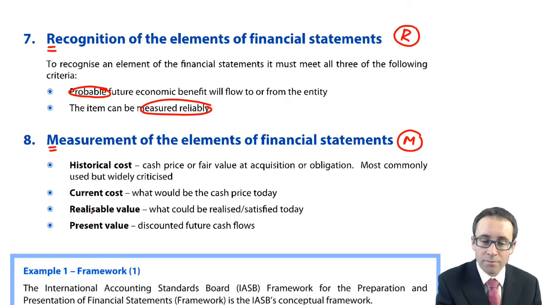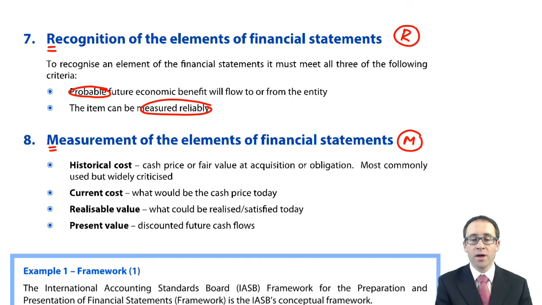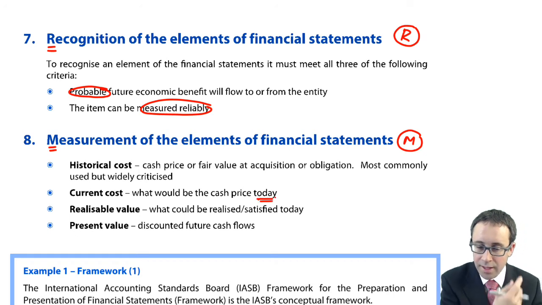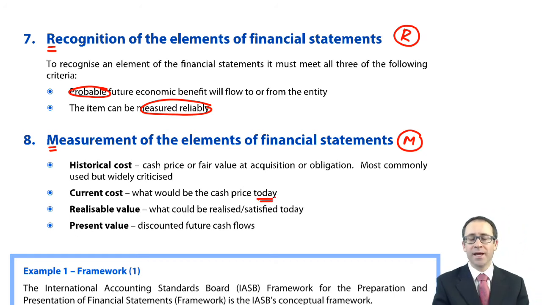So if the historic cost method is not particularly appropriate, what you could do there is look at the current cost method. So what you could do there is look at the cost today. So we're thinking about inflation. Imagine you've bought some inventory. You know what the value of the inventory was when it was bought. That may be a year ago, it could be 6 months ago. In terms of your property, plant and equipment, that could be several years ago, couldn't it?